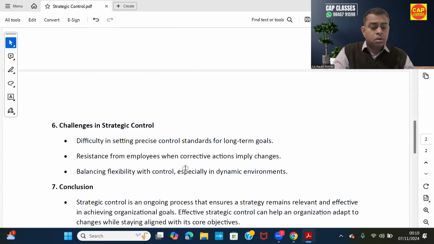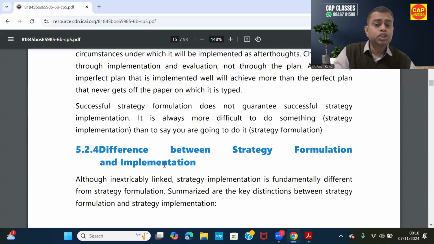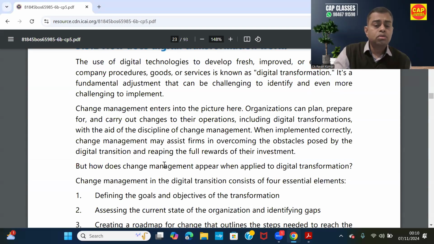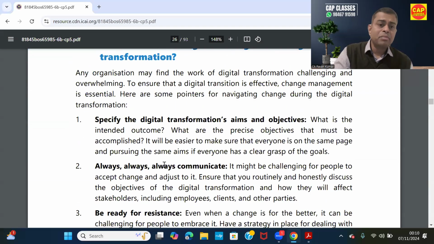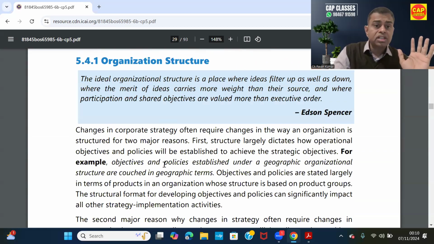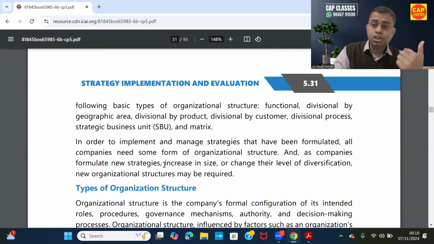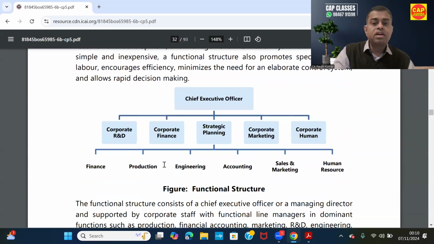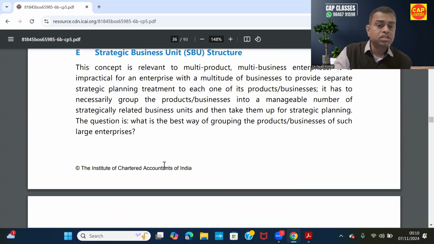Now, let us go to our beautiful ICAI study material and see. I'll show you where this strategic control is. This is digital transformation. We'll come back to digital transformation later. Organization framework, we have already covered this. If you remember, the McKinsey 7S framework we have covered, Chandler's matrix we have covered, and then structures we have covered: functional structure, matrix structure, divisional structure, SBU structure, all these things.